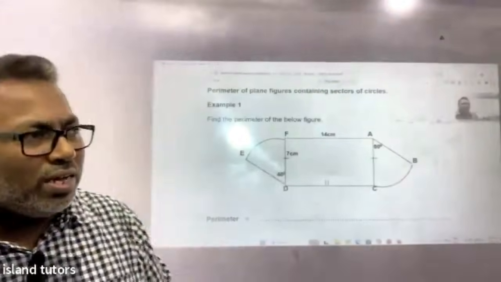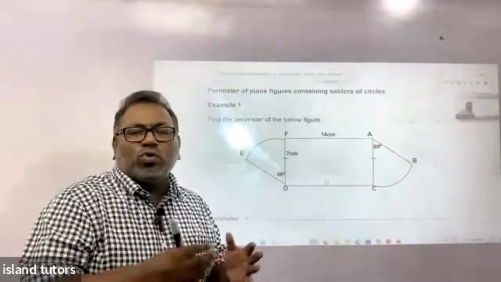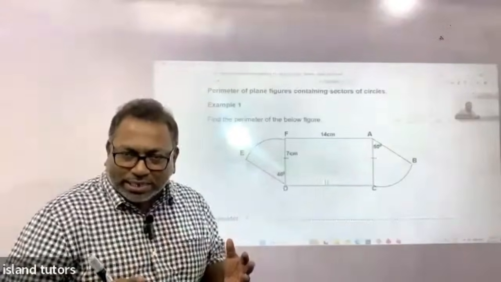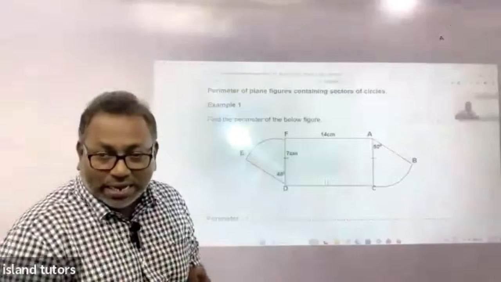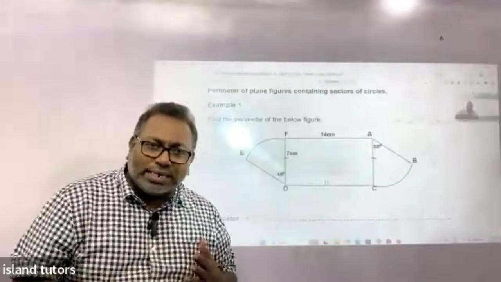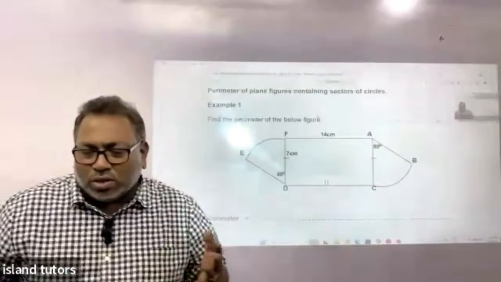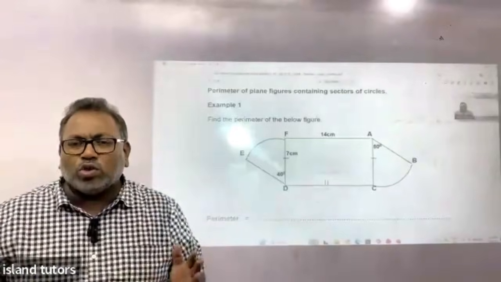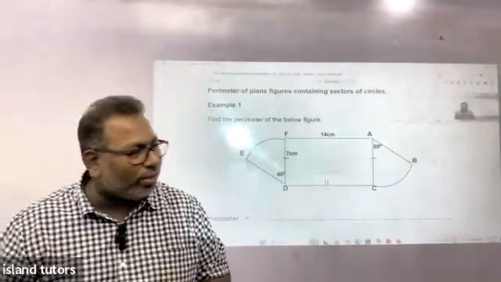What is a composite figure? A figure made up of 2 or more shapes. It may not be only a sector. It can include a triangle, a rectangle, a square, trapezium, anything. Closed figure, rectilinear plane figure.